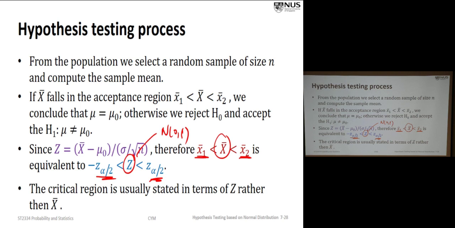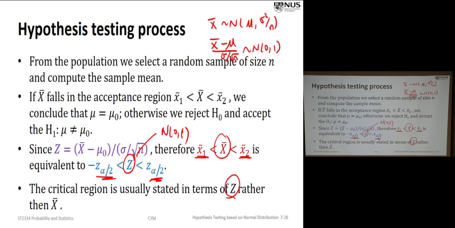Usually our critical region is stated in terms of some random variable whose distribution we know. We know x bar is normal with mean mu and variance sigma squared over n, and we also know that this standardized one is standard normal.